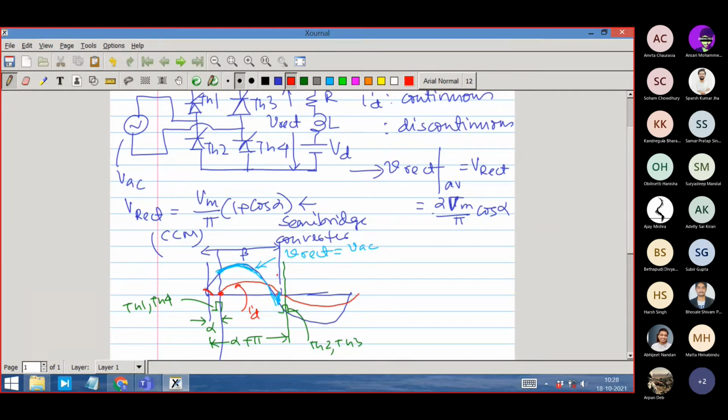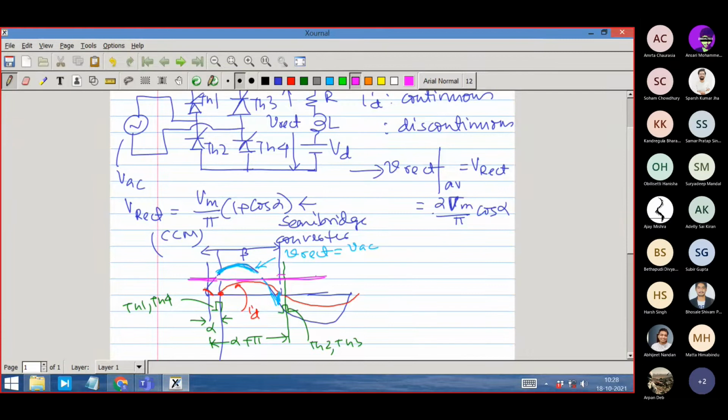So the level of VD may be somewhere here. I am not doing a good drawing, but you understand, somewhere here.